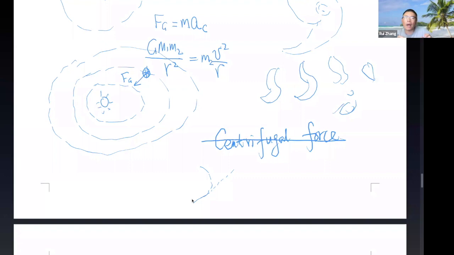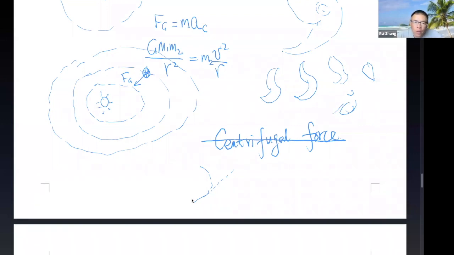When you're pushed against the wall of your car or the seat, it's basically the normal force that provides this centripetal acceleration. When you're in the middle of the car and the car turns, you are actually not moving, but the car is turning. So you naturally go along, then you hit the wall of the car, and at that point the wall provides you the centripetal acceleration, so you can make a turn together with the car.